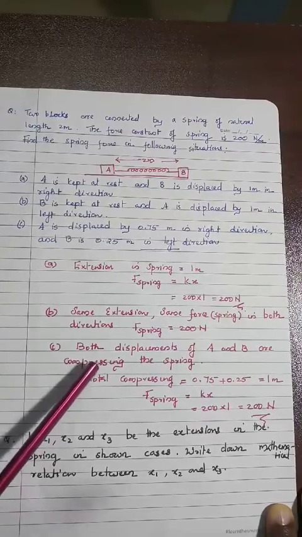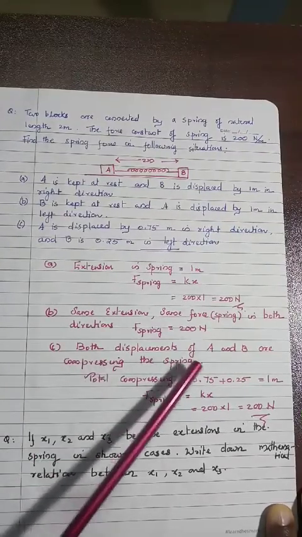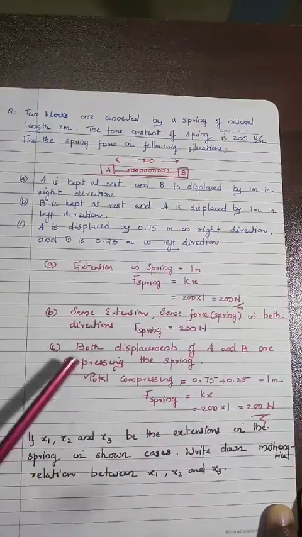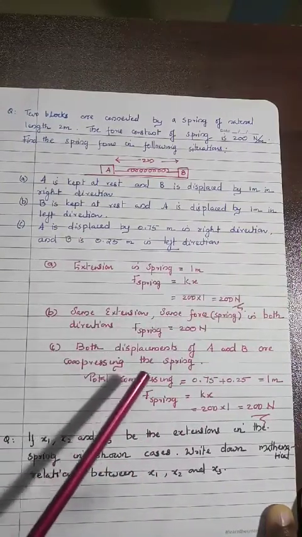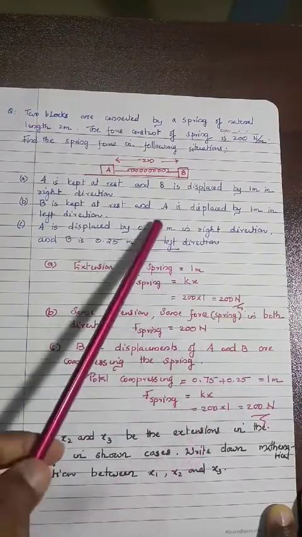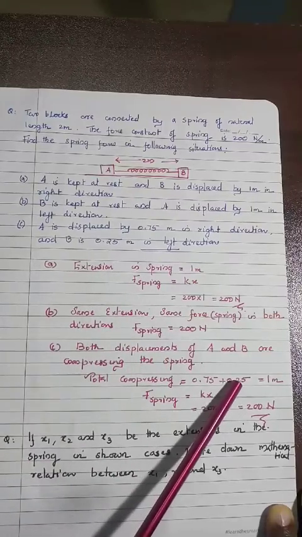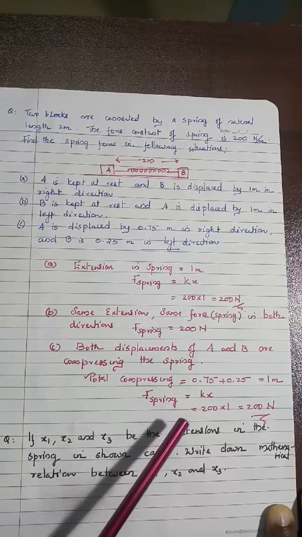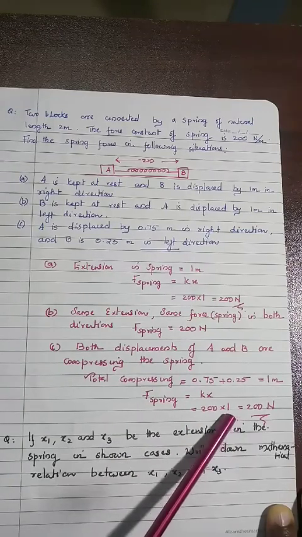But in the third case, for the displacements of A and B, one is along right, another is along left. That means both together compress the spring. So the total compression becomes 0.75 plus 0.25 equal to 1 meter. So the force acting on the spring is equal to K into X, that is equal to 200 Newton.